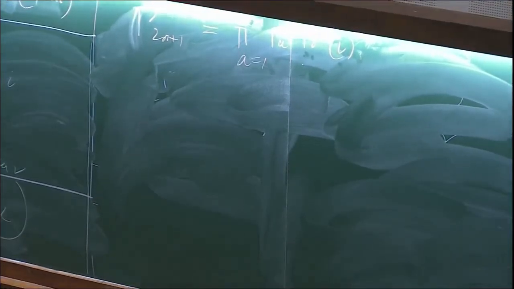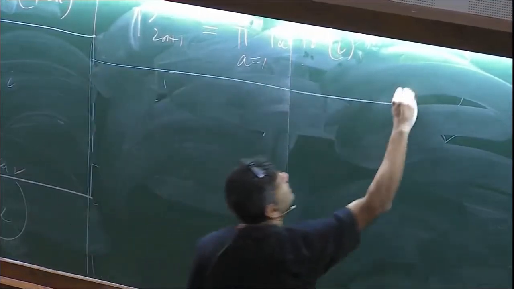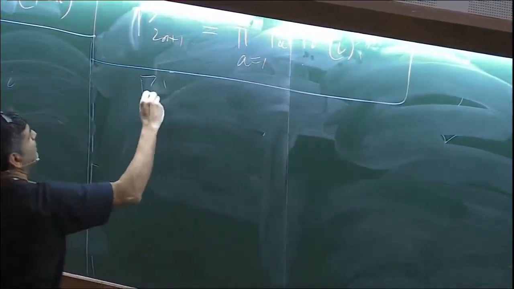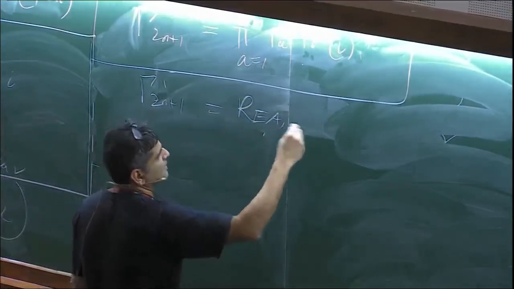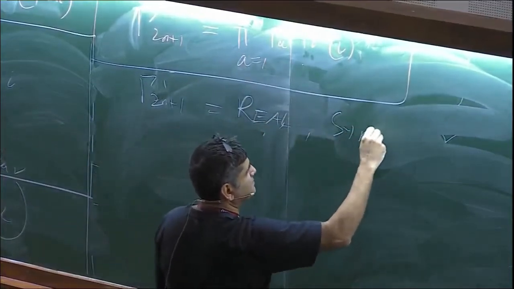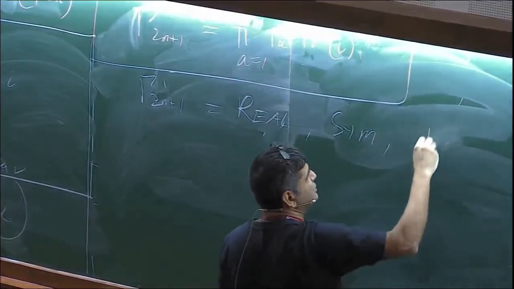You could define gamma 2n plus 1 with a minus sign. That's entirely a matter of convention. It makes no difference. Okay? But this quantity here is this, and it remains true now that gamma 2n plus 1 is real, symmetric, and Hermitian.